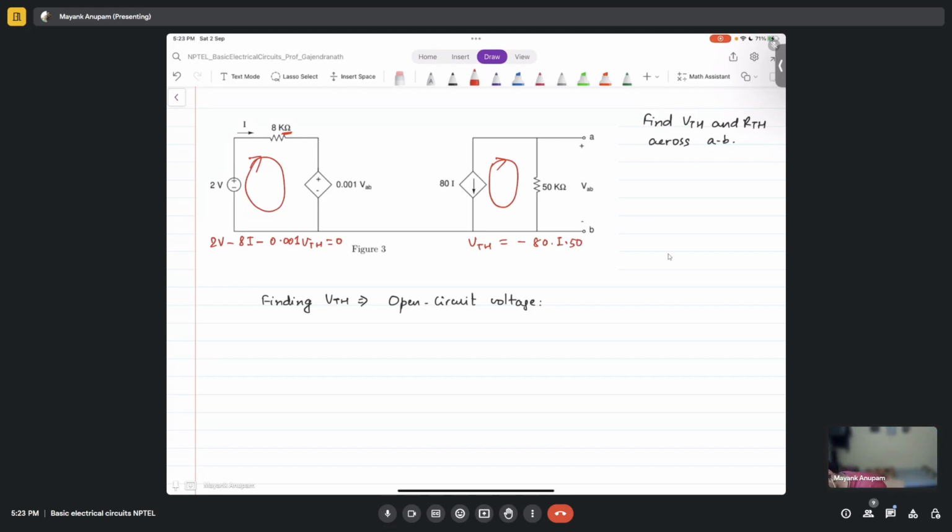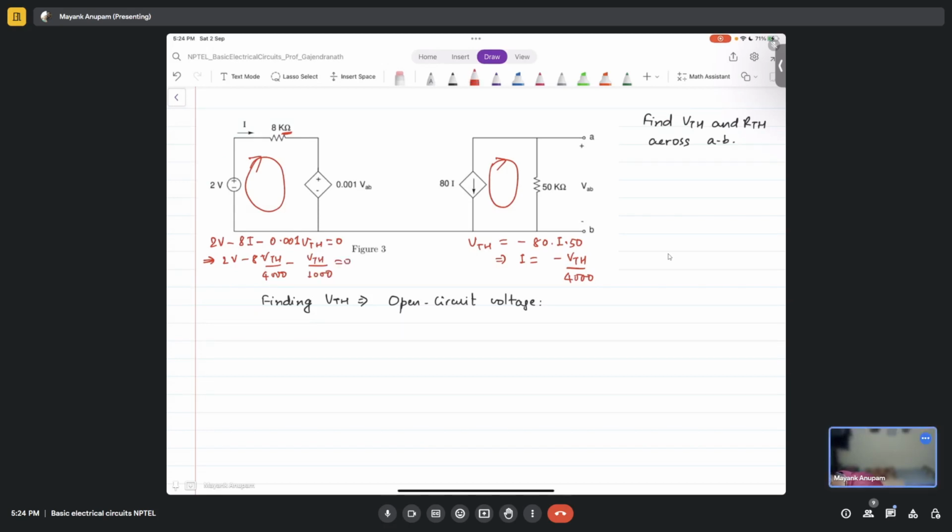So let's replace I, since I need to find out VTH. I is equal to minus VTH upon 50K, which is 4000, correct? So here 2 volt minus 8I, where I is VTH divided by 4000, minus 0.001 VTH, which is VTH upon 1000, equal to 0.